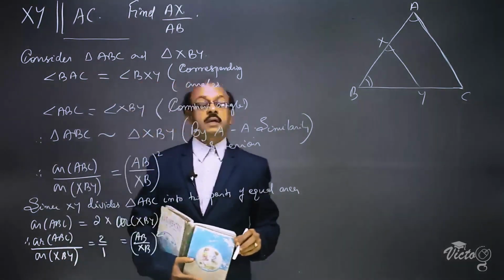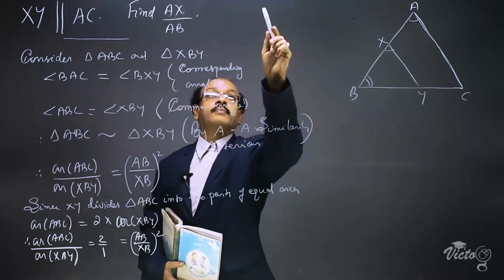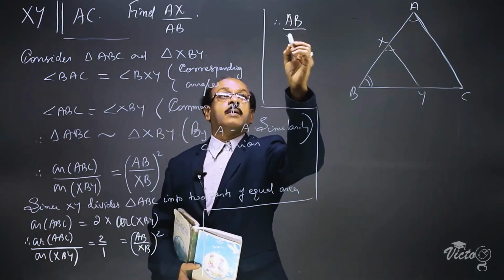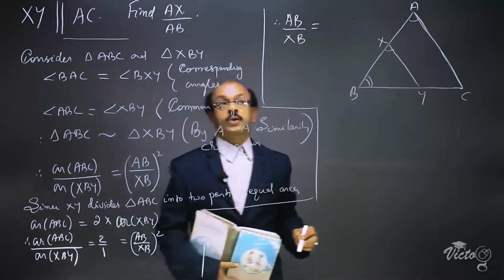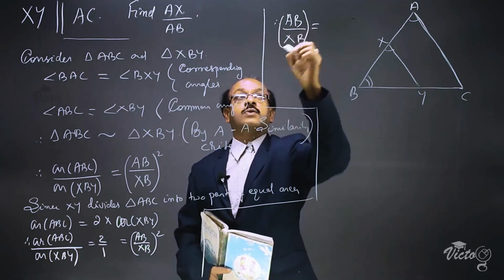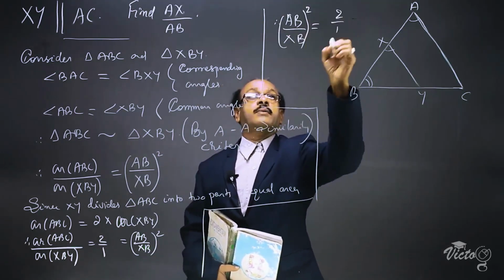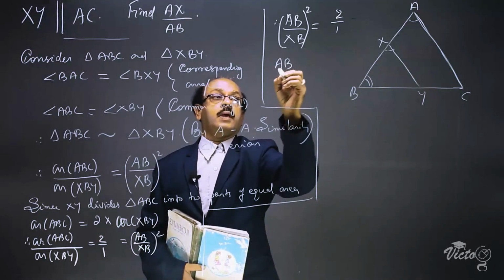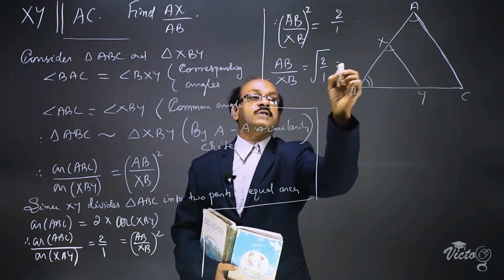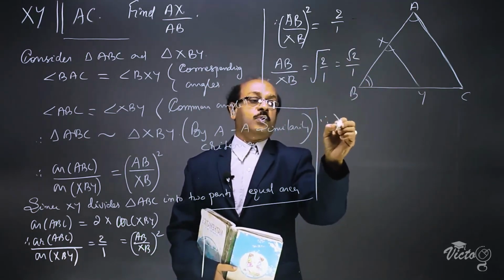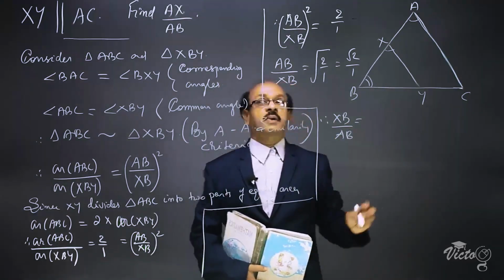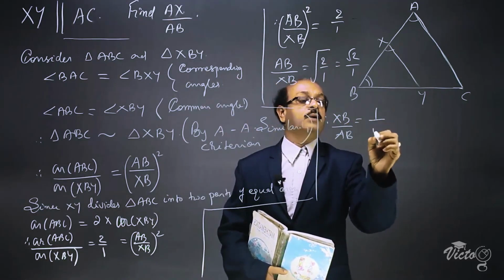AB by XB is equal to root 2 by 1. Therefore, XB by AB is equal to 1 by root 2.